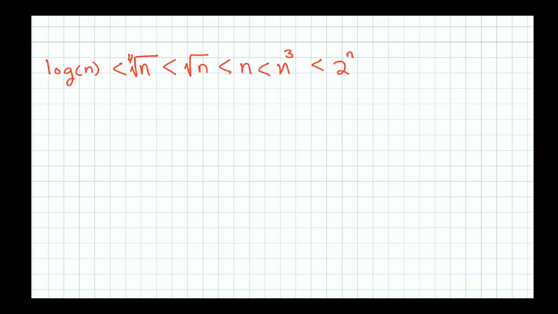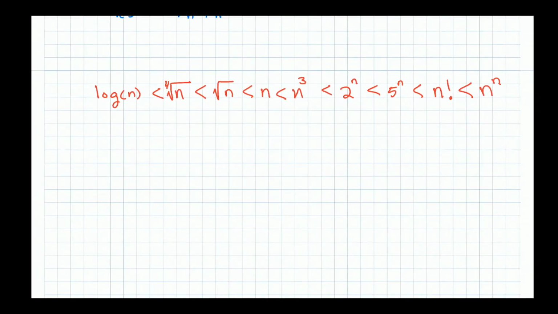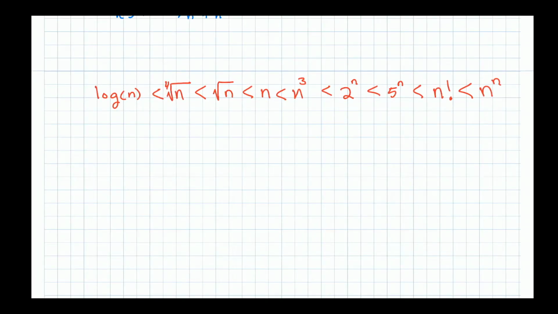Of course, that exponential is smaller than a bigger exponential. All of the exponentials are smaller than a factorial, and a factorial is smaller than n to the n.